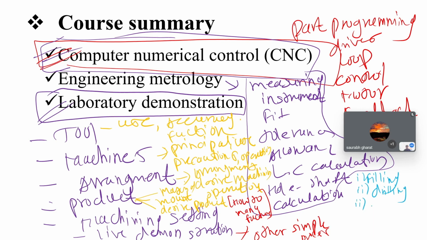Again, the CNC part they covered, and cutting they have covered. For the sawing option they give you cutting, they give you drilling, threading, and reaming also.